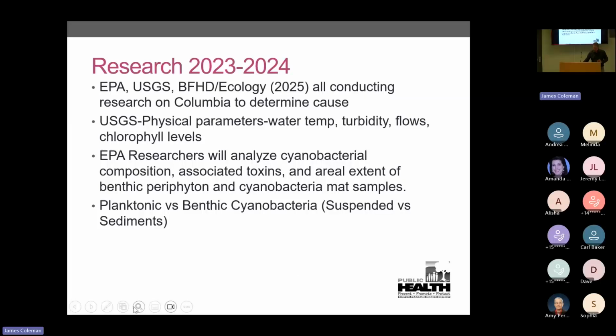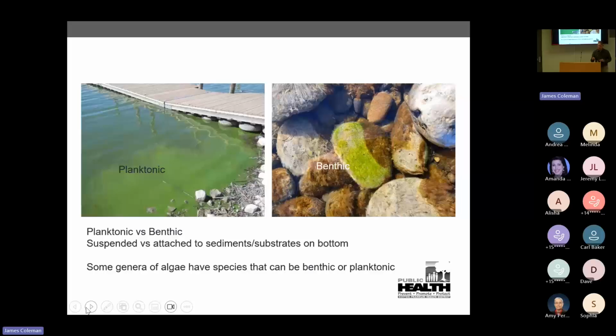I'm going to jump ahead here just real quick, because I want to talk about a situation. So early on, I talked about these algal blooms that are very obvious. We call those obvious algal blooms planktonic. And planktonic just means that those algal cells are suspended in the water column. And typically they're pretty close to the surface because they're photosynthetic organisms.